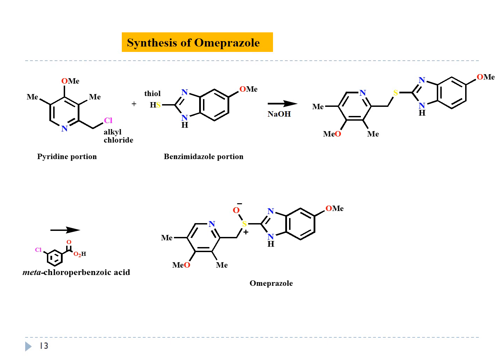These two condense in alkaline pH to give the sulfide derivative. This sulfide derivative is in turn oxidized using MCPBA, that is metachloroperbenzoic acid, to give omeprazole.